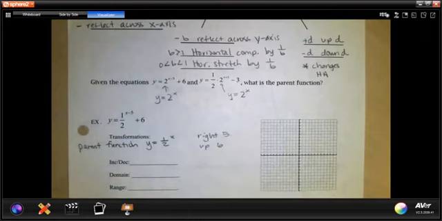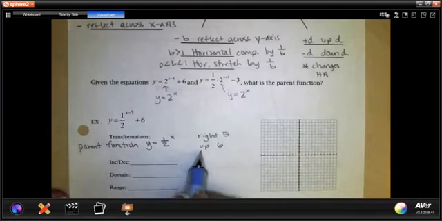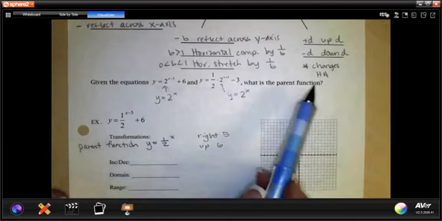All right, to graph this, we think about those key points that we were talking about on the other page. And so we said the horizontal asymptote is the x-axis. All of them go through the point 0, 1, and then we have the 1 and the b value, which in this case is 1/2. So we start with that horizontal asymptote. It's going to move up 6 units because of this. We said that changes your horizontal asymptote.